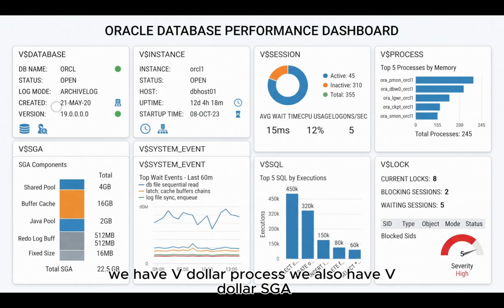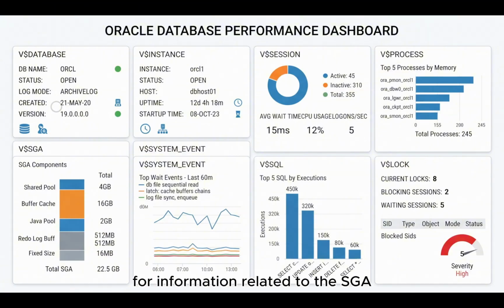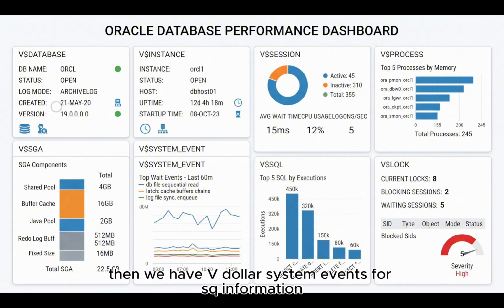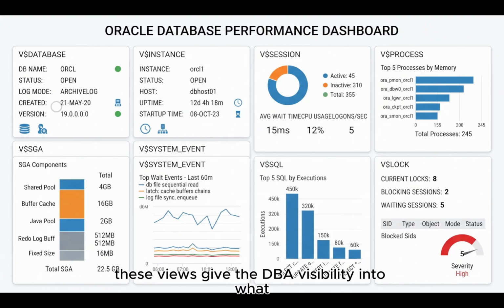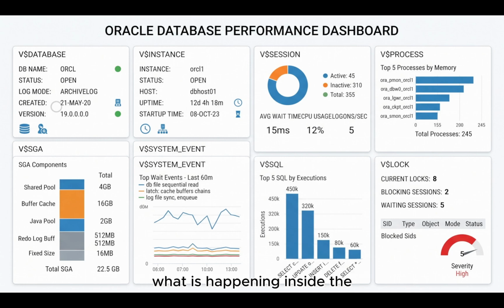We have V$PROCESS. We also have V$SGA for information related to the SGA. Then we have V$SYSTEM_EVENT. For SQL information, we have V$SQL. And when we are investigating logs, we have V$LOG. These views give the DBA visibility into what is happening inside the running Oracle environment.